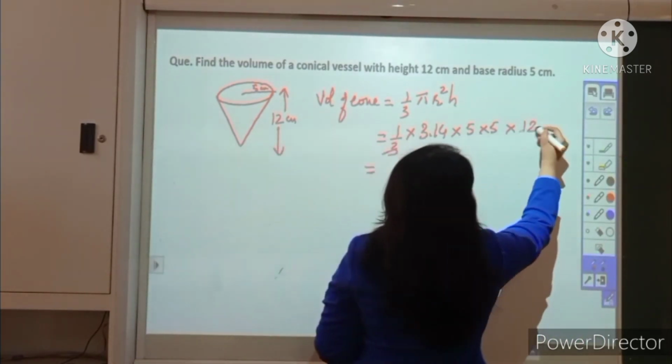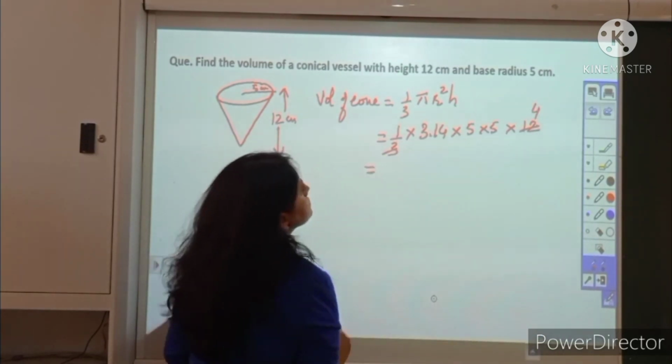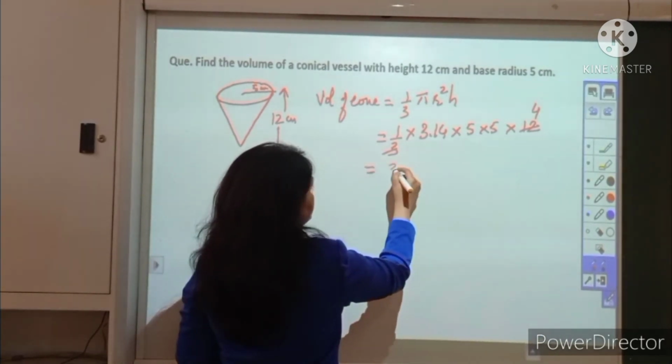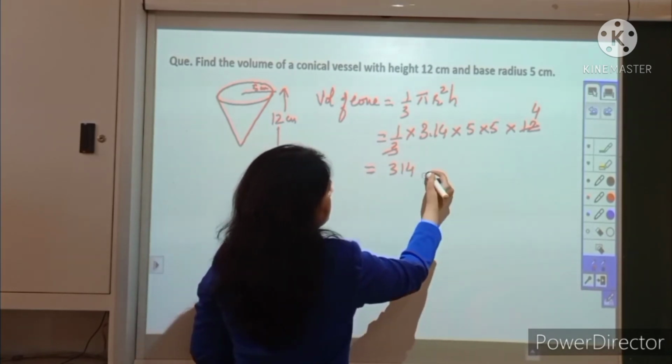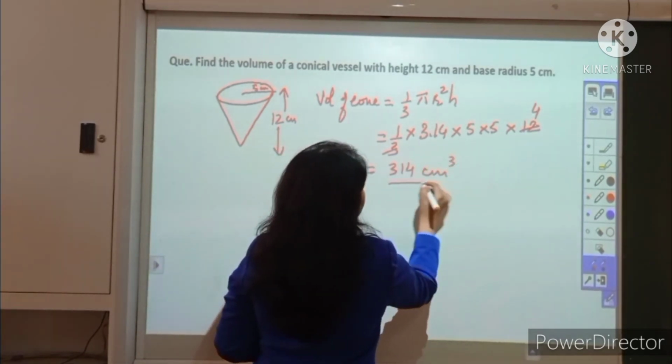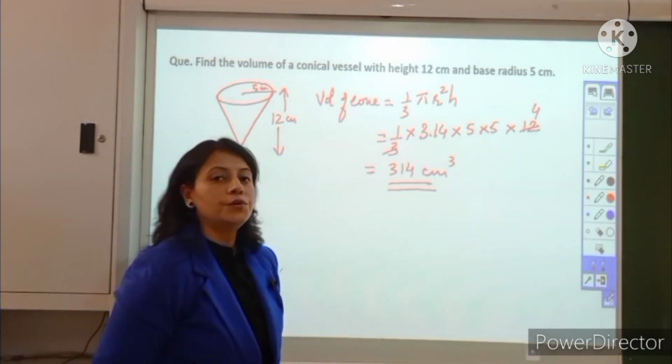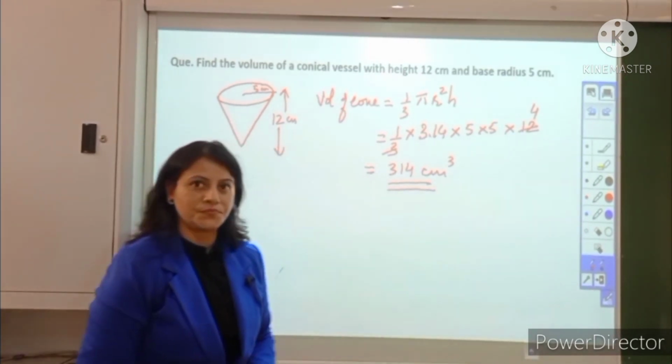So, after calculating, we got 314 cubic centimeter as the volume of this conical vessel.